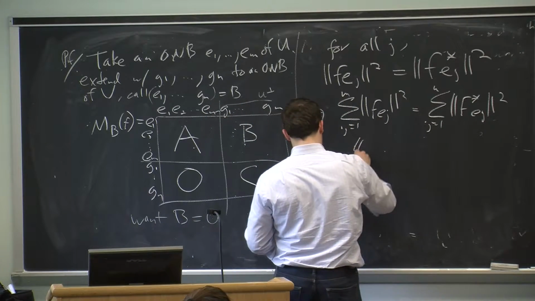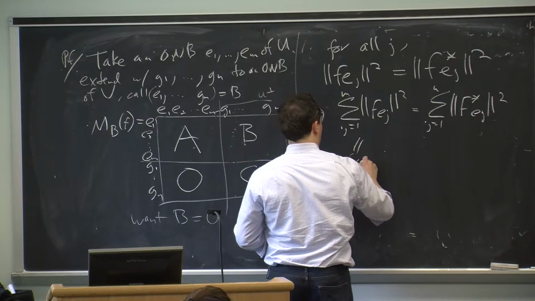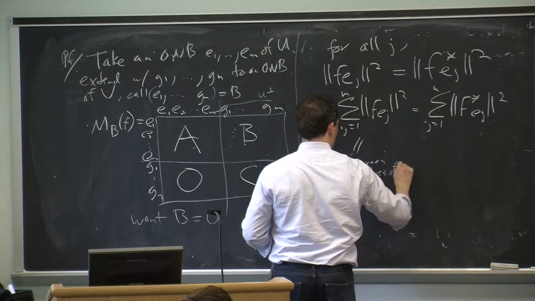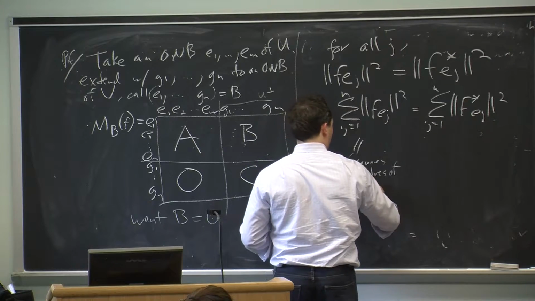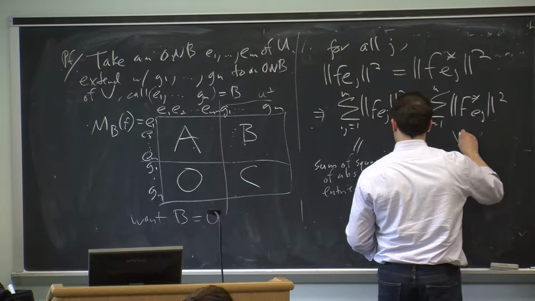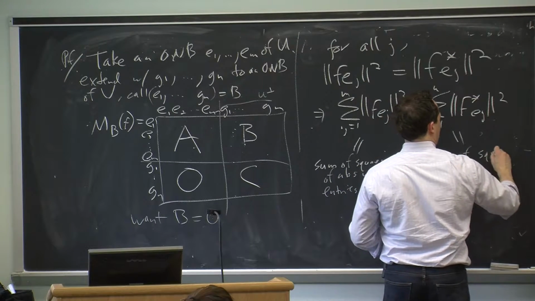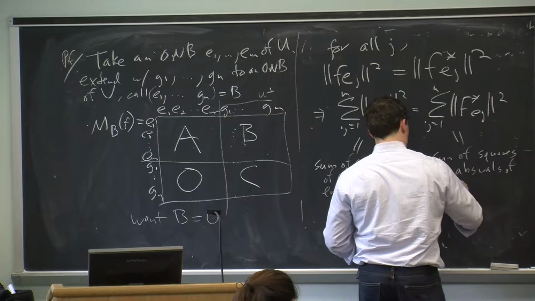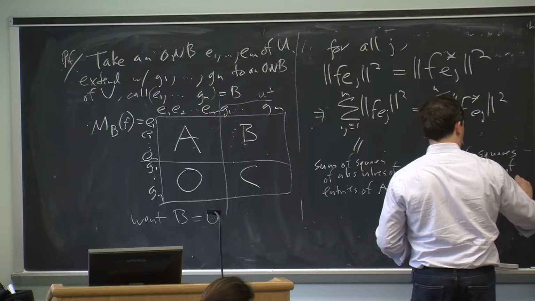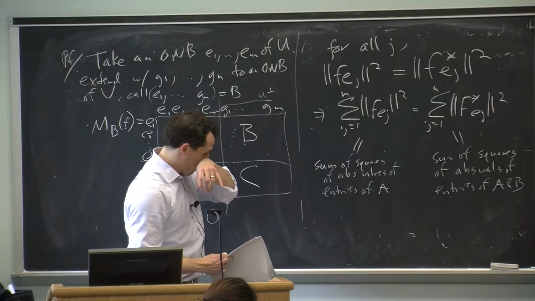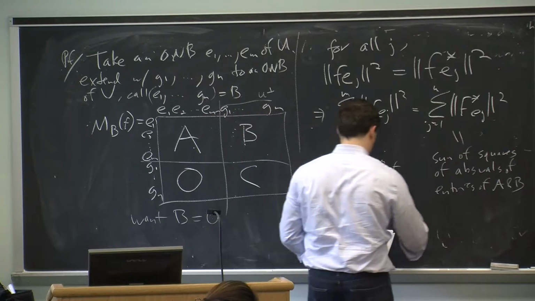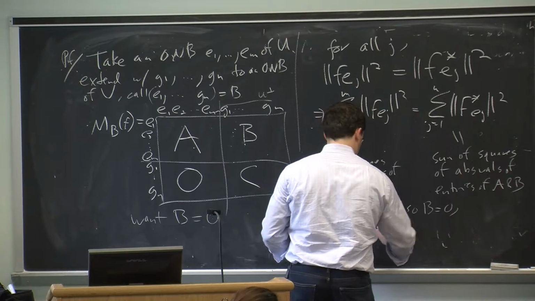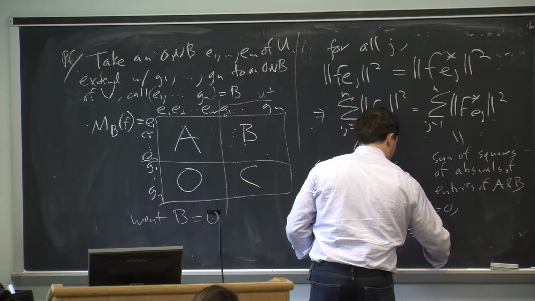And so on this side, we have a sum of squares of absolute values of entries of A. And on this side, we have the sum of squares of absolute values of entries of both A and B. And since they're equal, and it's a sum of non-negative things, it must be that B is 0, and U perp is F invariant.